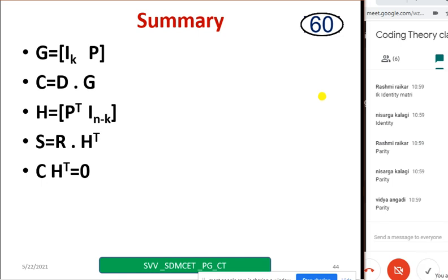G is I P. It is not a multiplication. I followed by P in the same matrix. C equal to DG. H equal to P transpose I. S equal to RH transpose. CH transpose equal to 0. Just copy down, write down in your notebook and read it at least 5 to 6 times now.